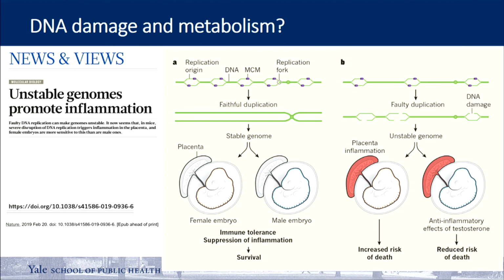It can result in either preterm birth or the death of the embryos. What happens is there is this genomic instability, which essentially can influence mostly the female. This is in mice, and it can cause death through the placenta to the female, but not in the male, because the male has the testosterone.